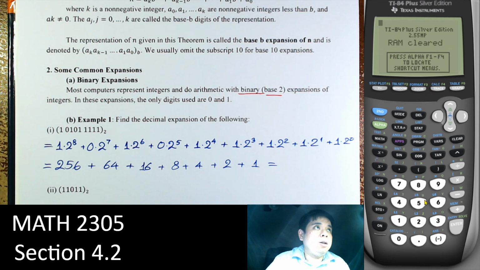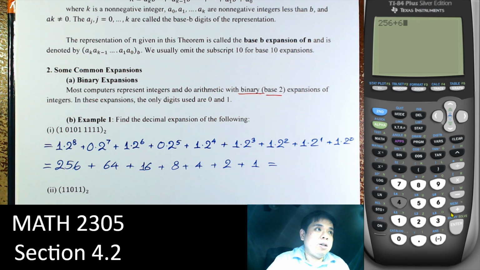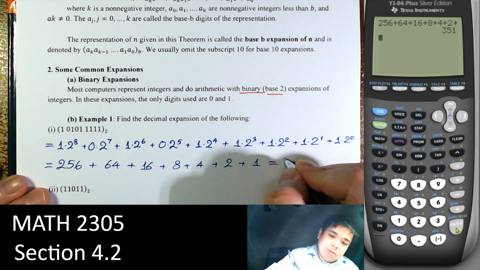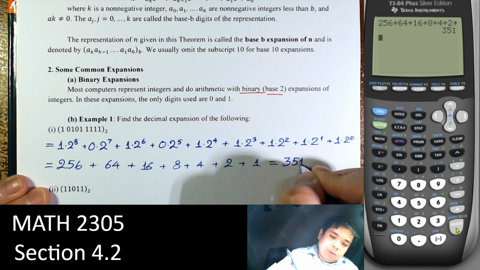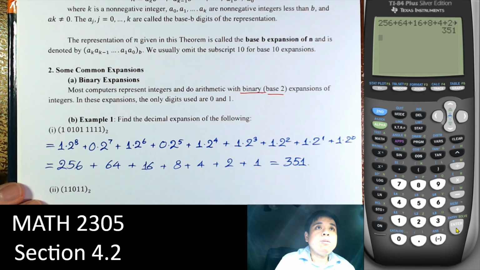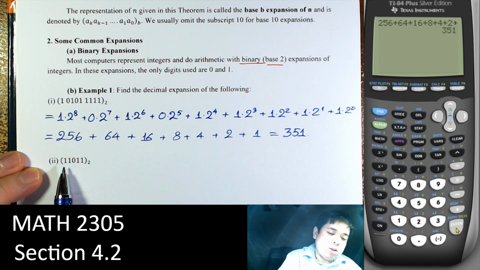So all of that: 256, 64, 16, 8, 4, 2, and 1, gives 351. Next we have this one. So 0, 1, 2, 3, 4.